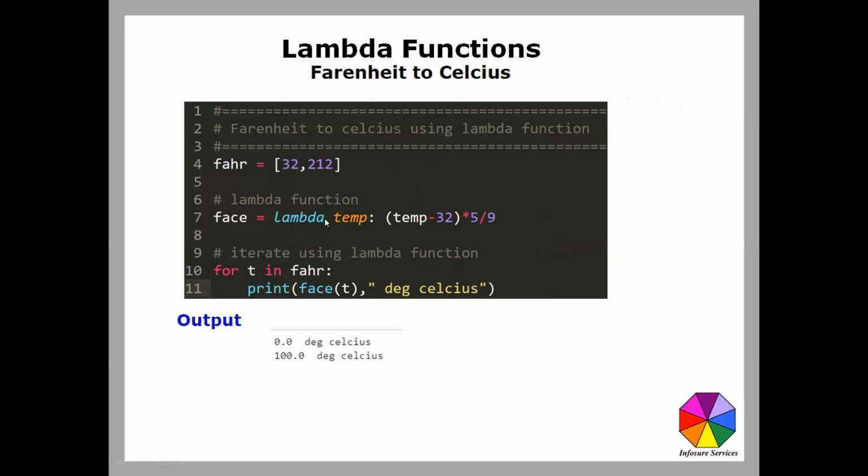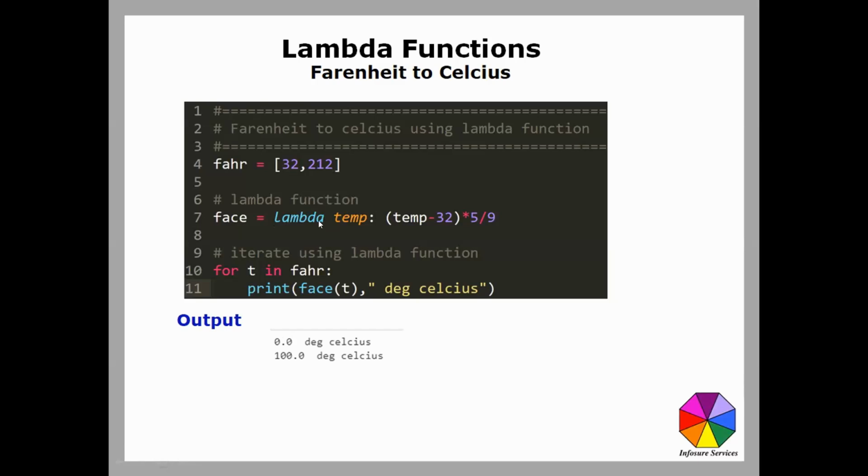Lambda will have the parameter. In a def, we pass the parameter in brackets after the name of the function definition, whereas here it's lambda, just the parameter. You can think of it like f of x is equal to x squared.